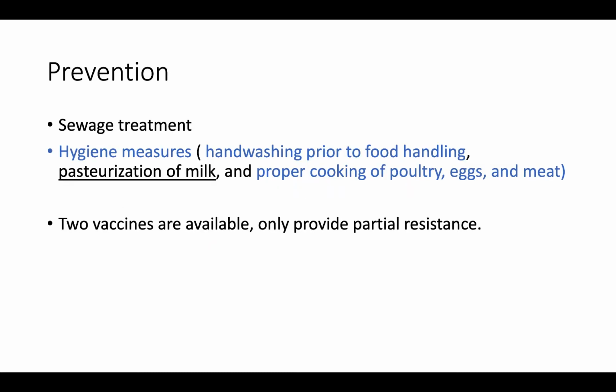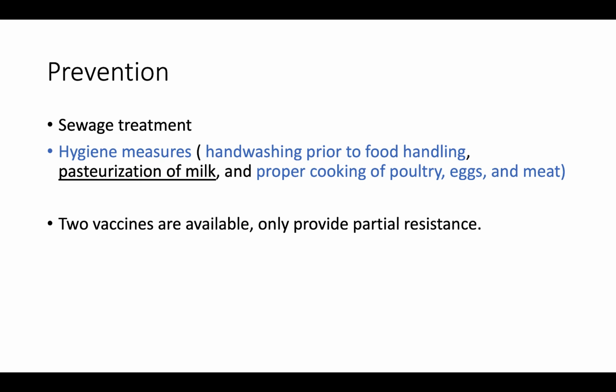Prevention: sewage treatment. We said it comes from stool or feces that may be contaminating food or water. So we need proper sewage treatment for water and proper food handling techniques.